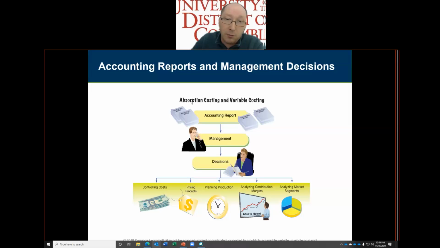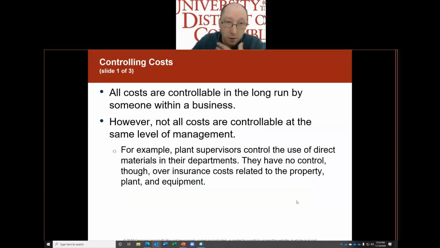So by looking at absorption and variable costs in our reports, management is able to make better decisions, and our decisions help us to better control costs, better price our products, plan for production, analyze contribution margin, and analyze the market segments. All those are good things because it helps the business to be more efficient.